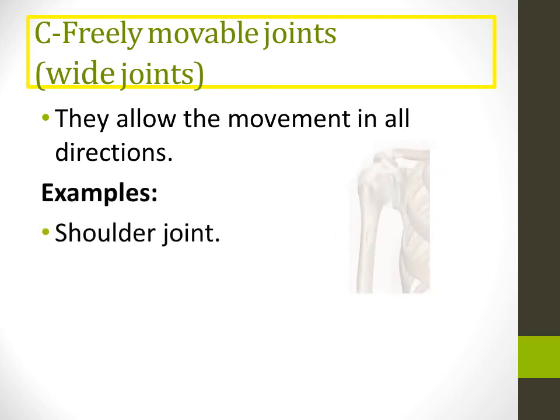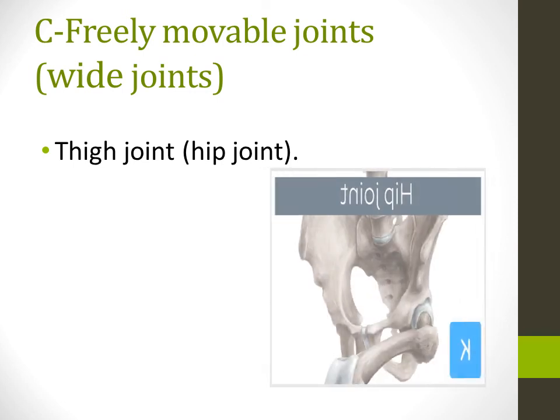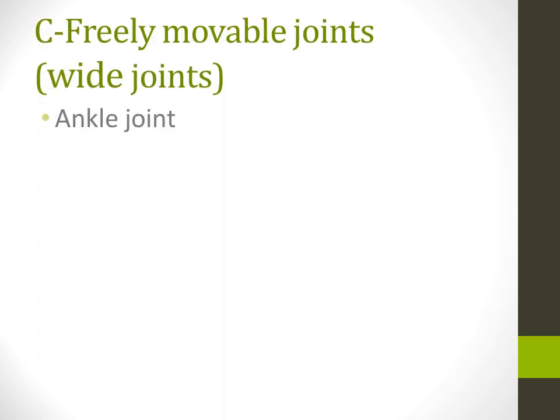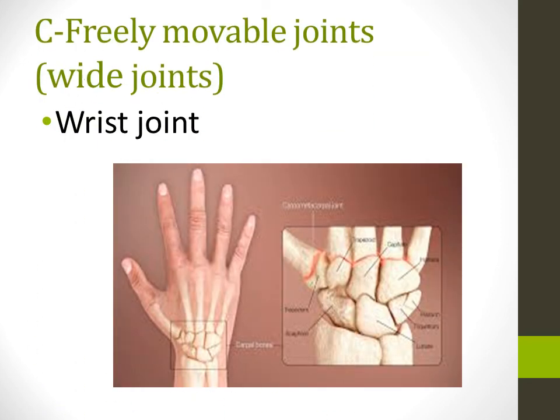Examples: the shoulder joint, the thigh or hip joint, the ankle joint above our foot, and the wrist joint in our hand.